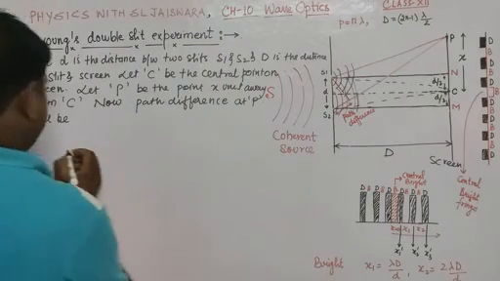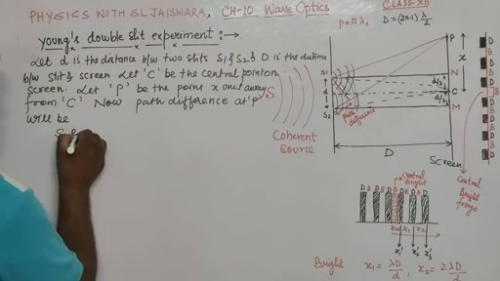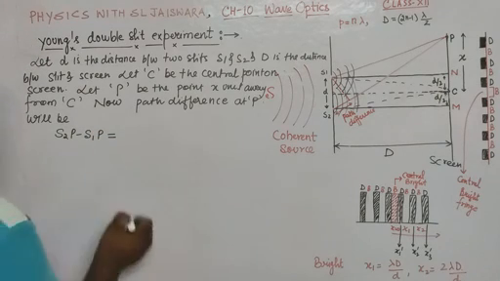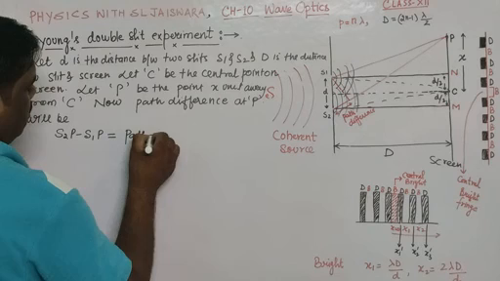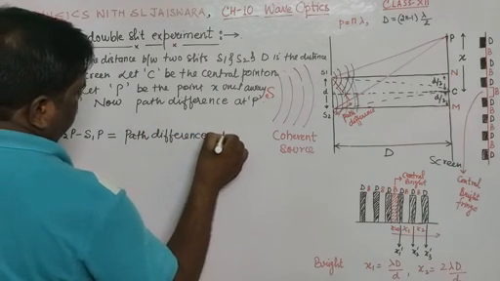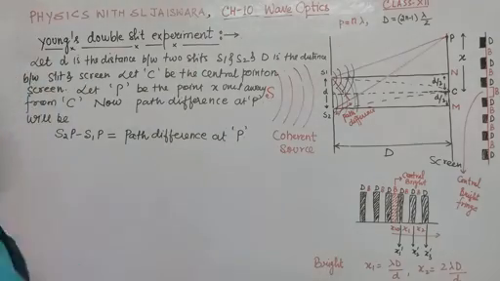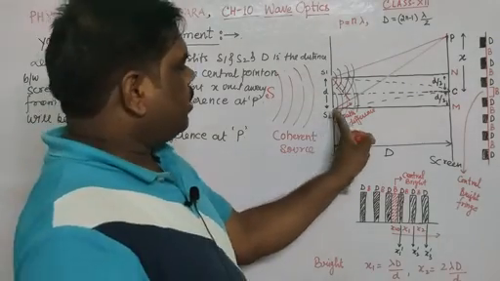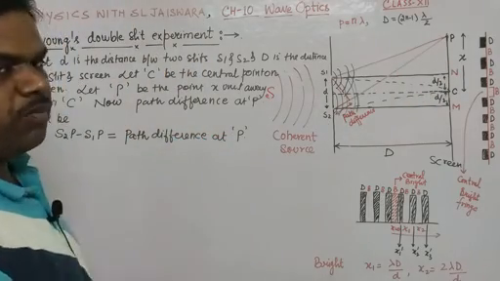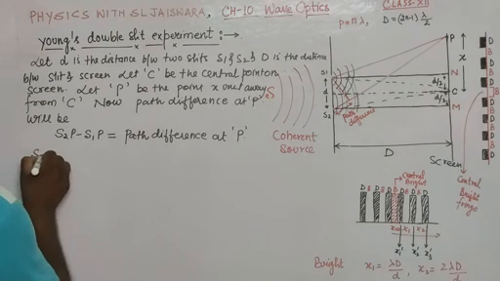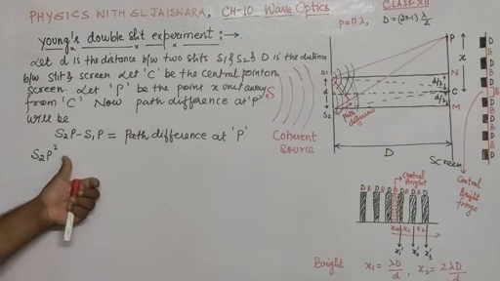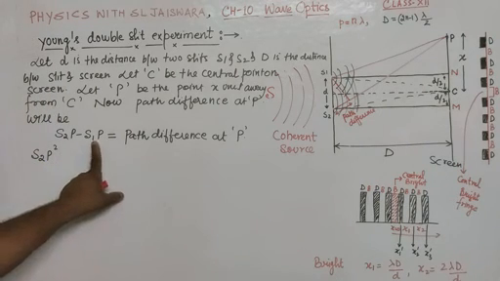This whole minus this, that is S2P minus S1P, is the path difference at point P. Now we have to calculate S2P minus S1P. For that, we have to calculate S2P square, then S1P square, then subtract.